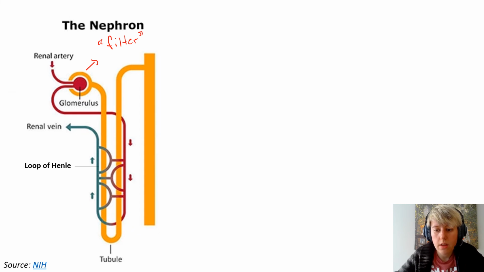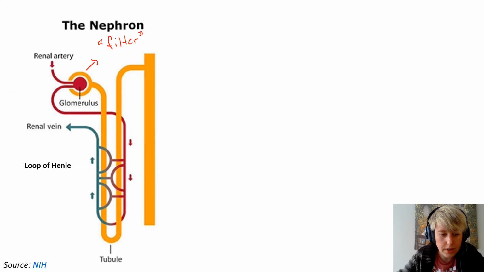So it acts as a semi-permeable filter because it prevents things like proteins and glucose from leaving the blood, and it allows things like water and salts to exit the blood.